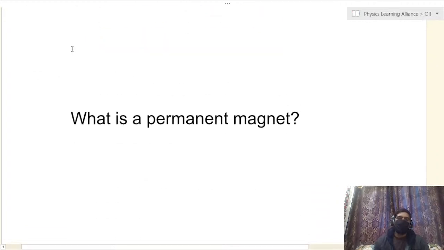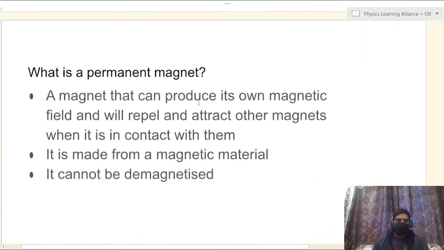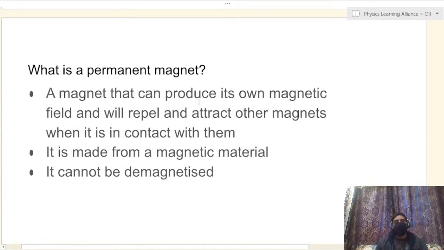Now the magnetic material can be divided into two types. First of all, a permanent magnet: a magnet that has its own magnetic field, and it would be either repelling or attracting other magnets. It would be made up of magnetic material, and you cannot demagnetize it.